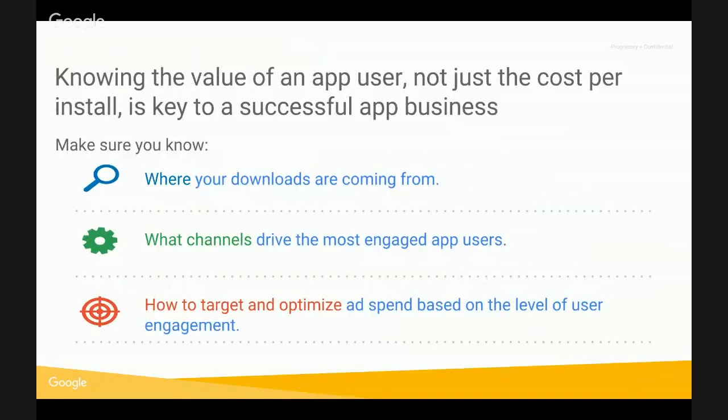Once you're able to track your measurement, knowing the value of an app user, not just the cost per install, is the key to a successful app business. You have to make sure of the following things: where your downloads are coming from, what channels drive the most engaged app users, and how to target and optimize ad spend based on the level of user engagement.